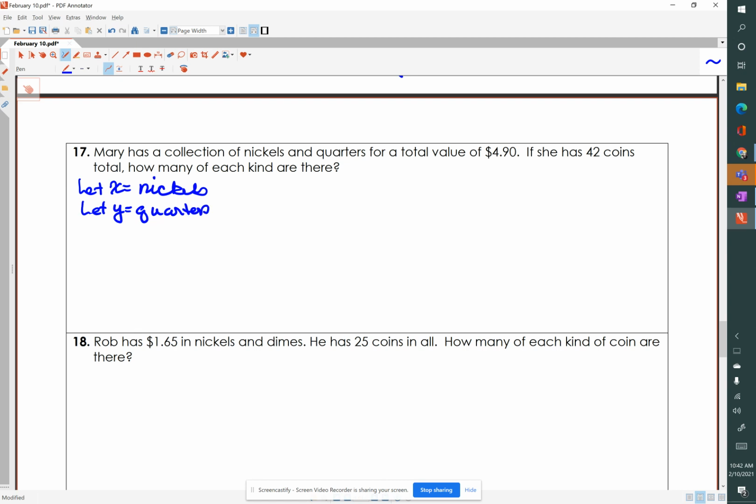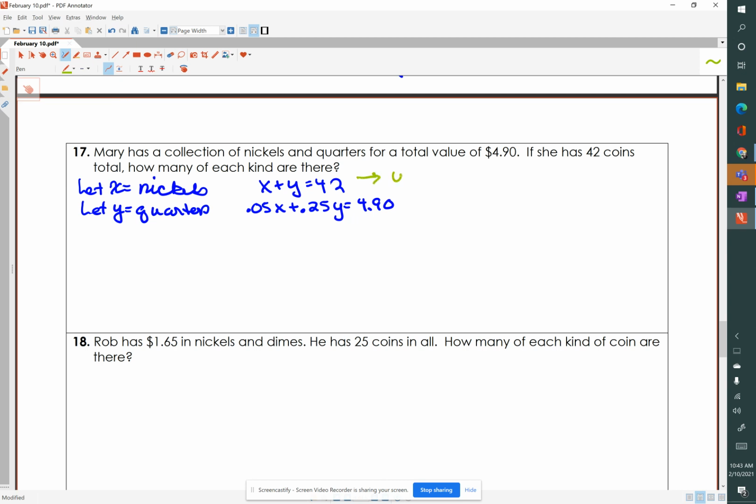And we have x plus y equals 42, 42 coins in all, and 0.05x plus, these are quarters, 0.25y equals $4.90.